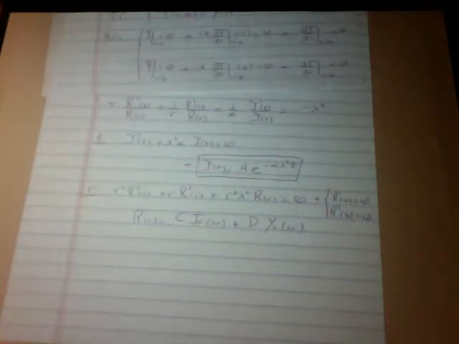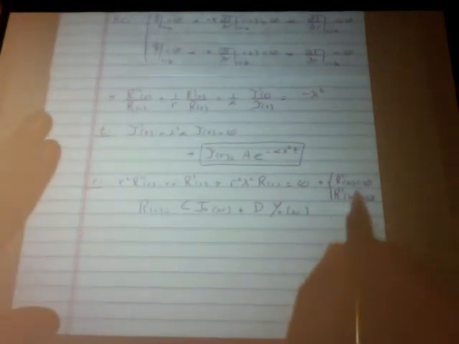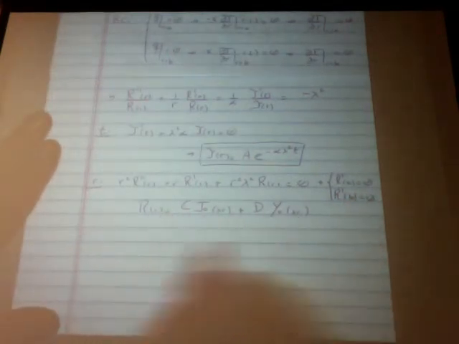Now in this case we have a hollow cylinder, so D doesn't go to 0. We're not required to eliminate this part of the solution, because we're allowed to have a function that goes to infinity at r equals 0, as that's not part of the domain. Is that clear?